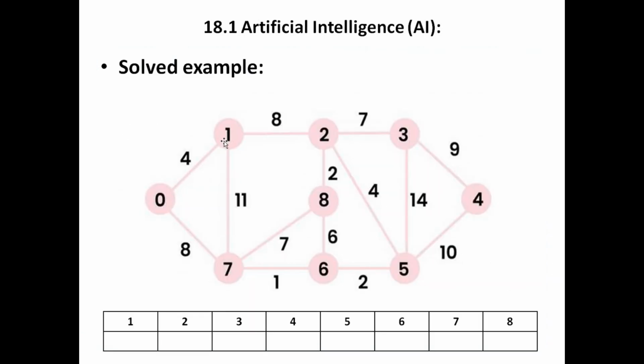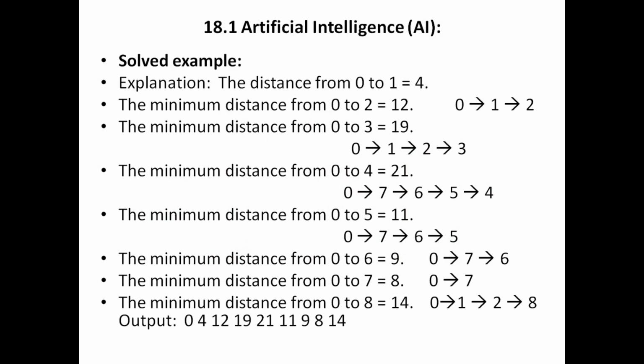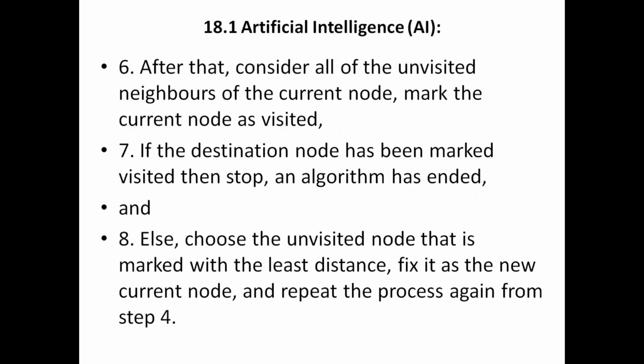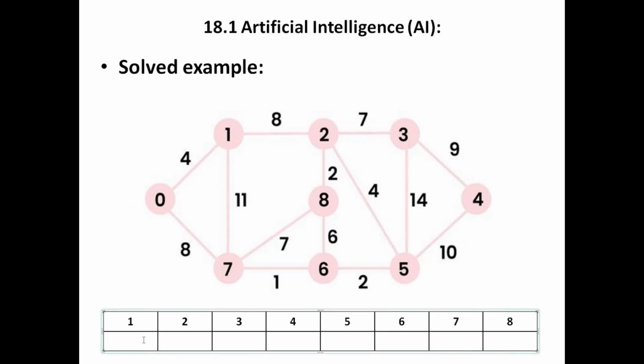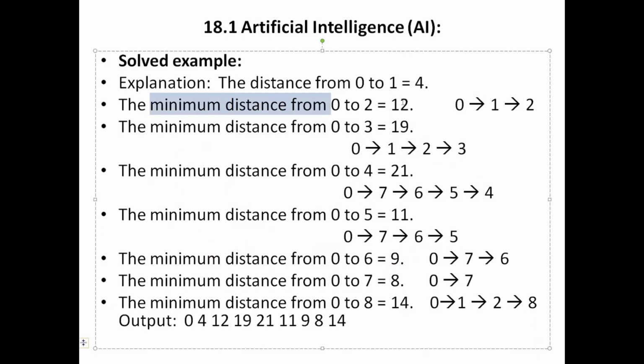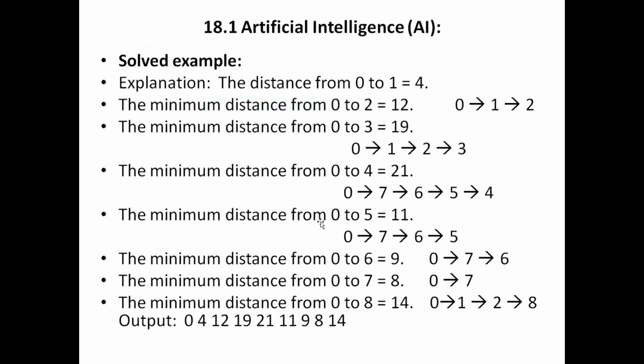So basically, if you're going from 0 to 1, what is the cost that you have to pay? That is 4, right? So you'll just record it over here that from 0 to 1 it will cost you 4. Next, if you are going to 2, then you'll need to travel the minimum distance from 0 to 2.